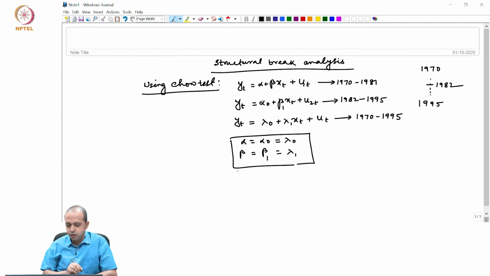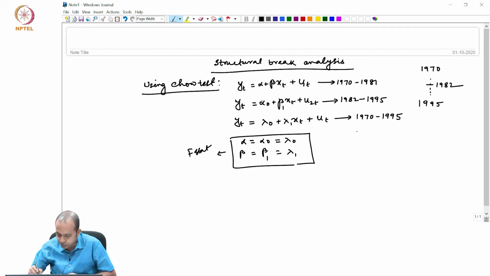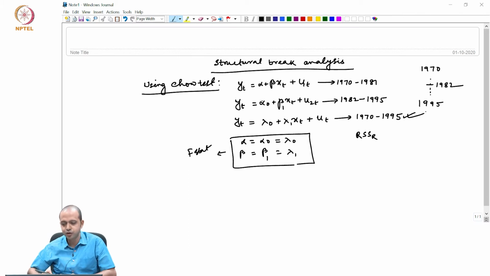For this we use the F statistic. How is that defined? If you recall, first we take the RSS from the restricted model. What is the restricted model? When I specify one single equation for the entire period, that is our restricted model.